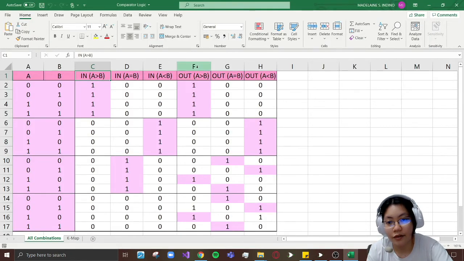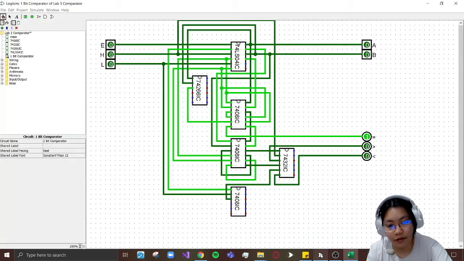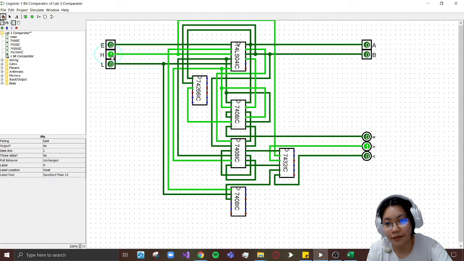So in the case where the output is greater than, or when A is greater than B, the input combination wherein a high signal is present, that will trigger this output, regardless of the combination of A and B. So let's check using the poke function.